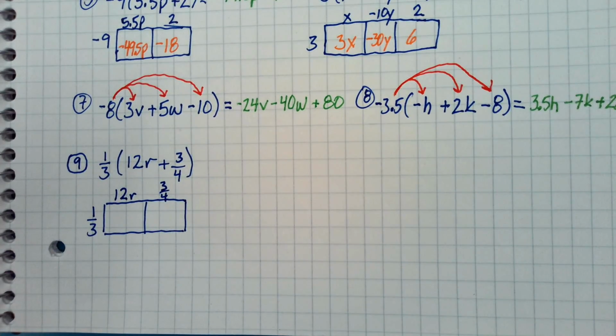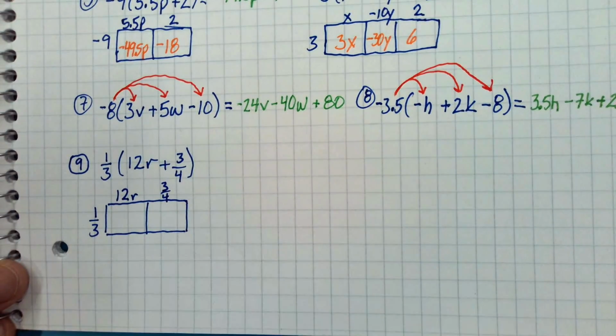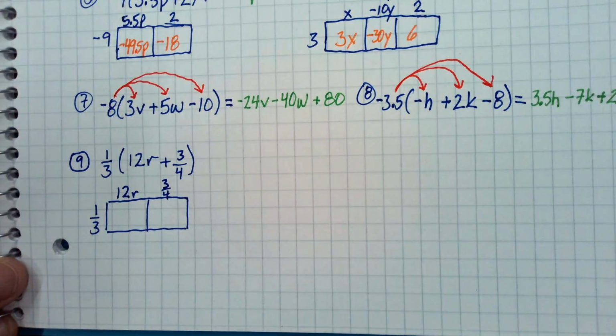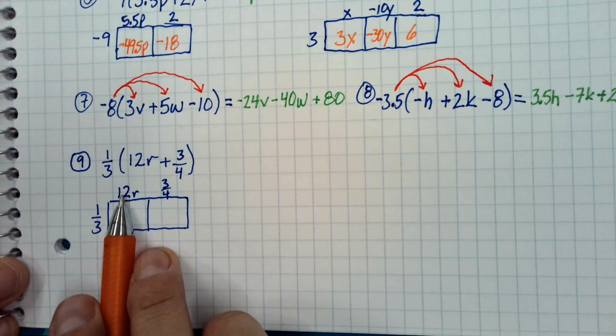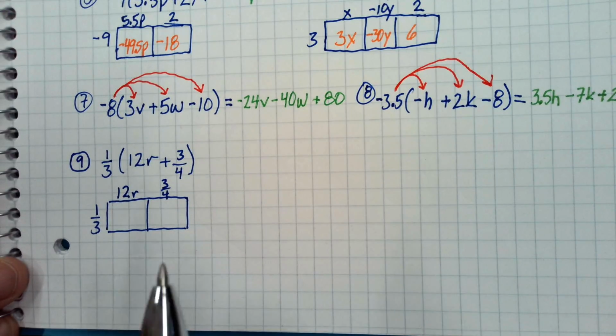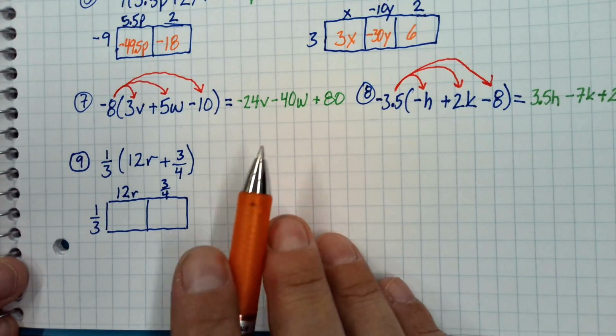Okay. So here, I like this orange. I haven't used that in a while. So I got to do a little bit of multiplication, and I don't want to lose anyone. So we're going to multiply 1/3 times 12R. 4R. But like I said, I don't want to lose anybody.